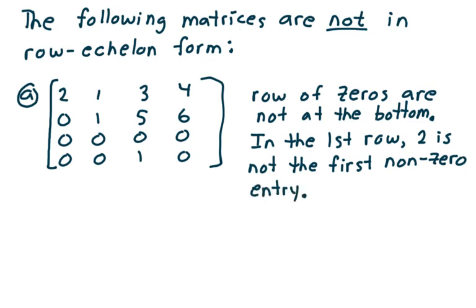That's a problem, because in order to be in row echelon form, your first non-zero entry must be a 1, which we call the leading one. It's true for the second row, but just because it's true for the second row, that's not enough. It has to be true for the first row as well. Okay? So that's one example.